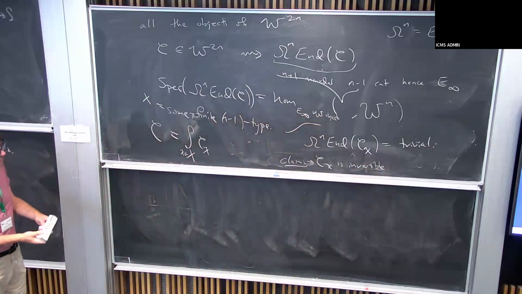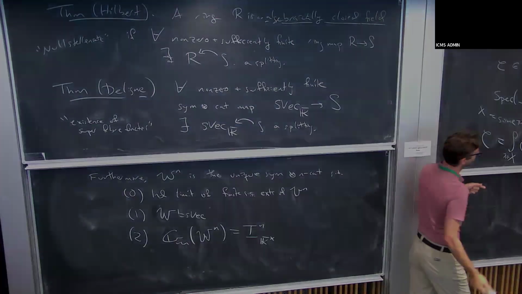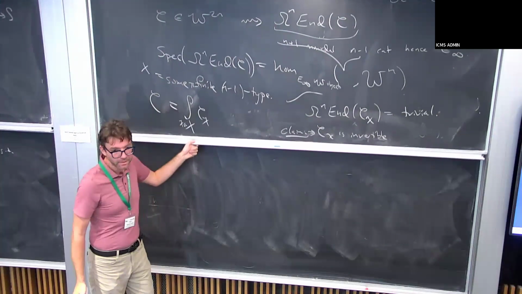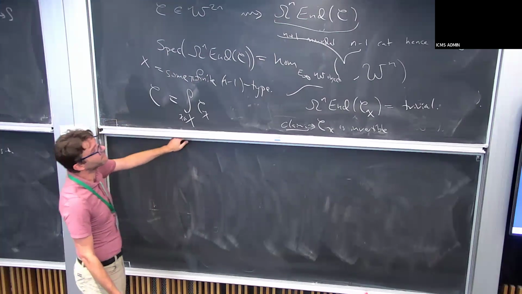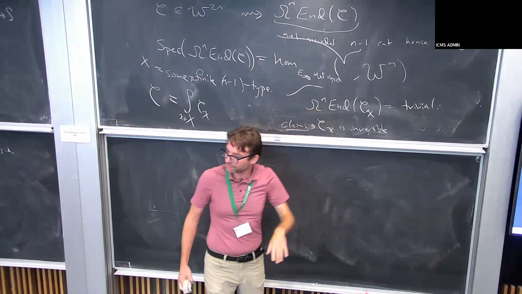And what's secretly going on here is that there's a sort of Pontryagin duality, Poincare duality, sorry, Poincare duality on the endomorphisms. Knowing the top half of the endomorphisms tells me the bottom half.